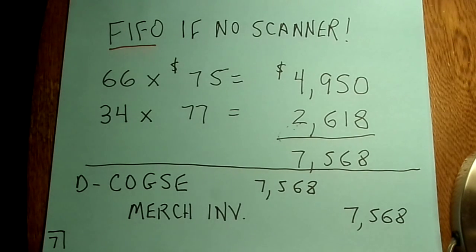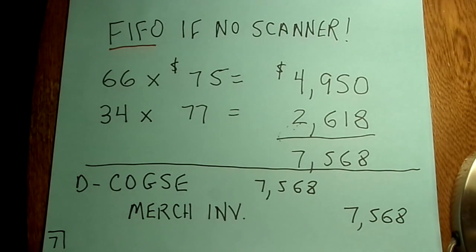And FIFO would mean we used up beginning inventory first. And if you remember, that means we used up 66 and we had paid $75 a piece for those 66. So that math turns out to be $4,950. We still have 34 more units that had to be sold because 100 minus 66 is 34, and we sold 100 in total.